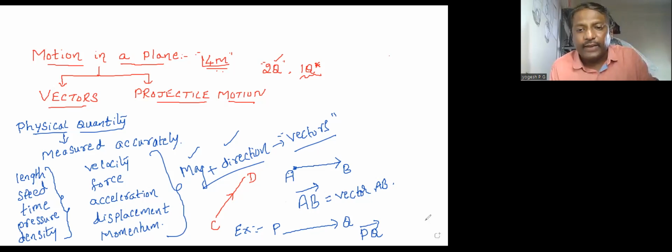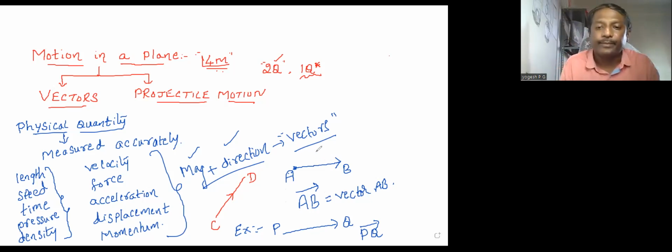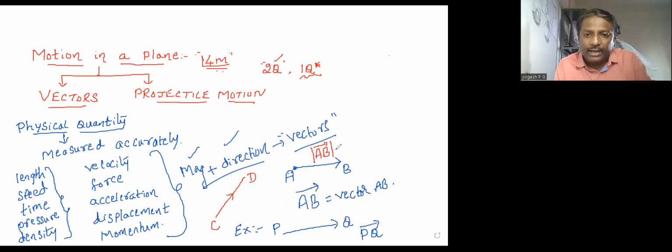Now, in this vector AB, there is both magnitude and direction, isn't it? For that AB vector, we drop two parallel lines here. These parallel lines, we usually call it the modulus of vector AB. This modulus of vector AB gives the magnitude.